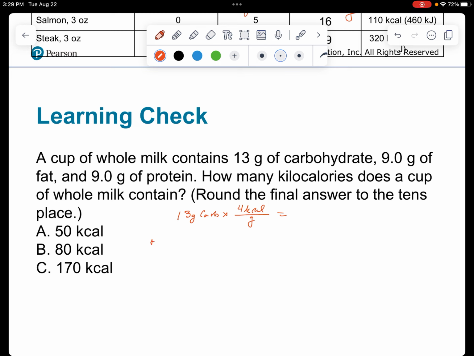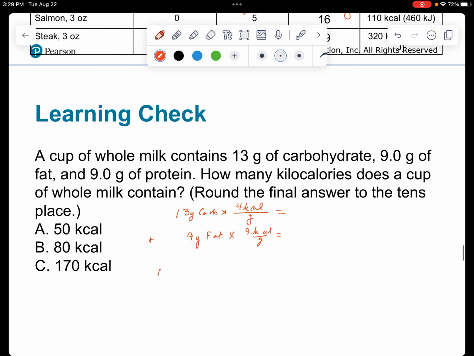And then I would add it to 9 grams of fat. But fat, we know, contains 9 kcals per gram. And then we would add also the calories from protein, 9 grams of protein times 4 kcals per gram.